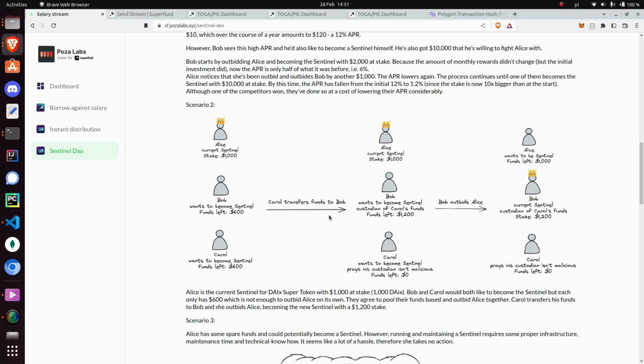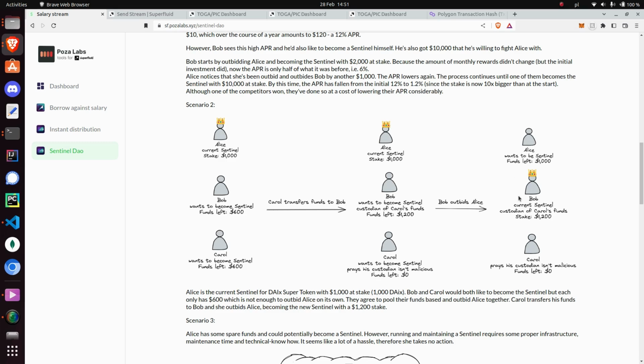He's just transferred it to Bob because he trusts him on some sort of level, but he isn't in control anymore of his own money, basically. So now Bob outbids Alice, and we also have three people that are maybe relatively not as happy because Alice isn't the Sentinel anymore.